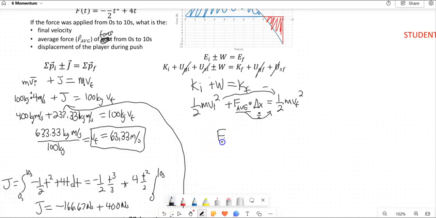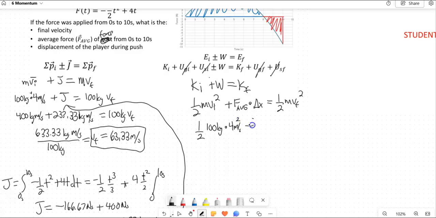So F average times delta x. We're going to take our, you know what? I'm going to plug in numbers first. Let's just be teaching you. Okay, so let's plug in our numbers. So we got 1/2 times 100 kilograms times 4 meters per second that we're going to square.